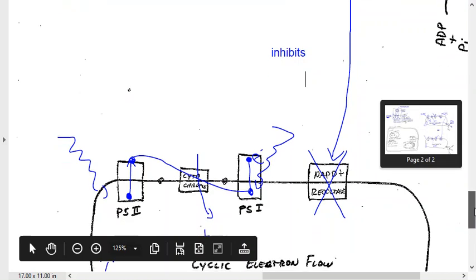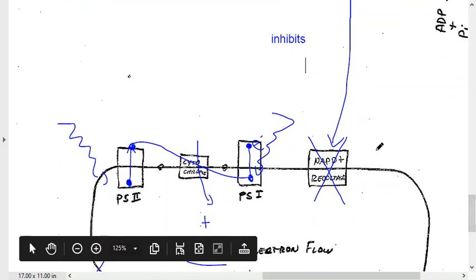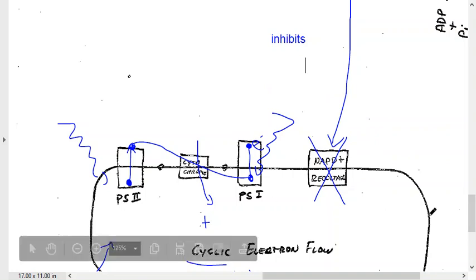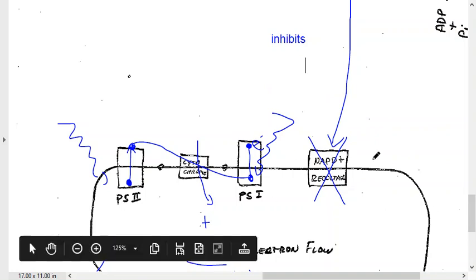Because if you make too much NADPH with your electrons, you're going to run out of electrons and creating a proton gradient to make more ATP. You have to prioritize ATP, and that's why NADPH will actually inhibit its own production.